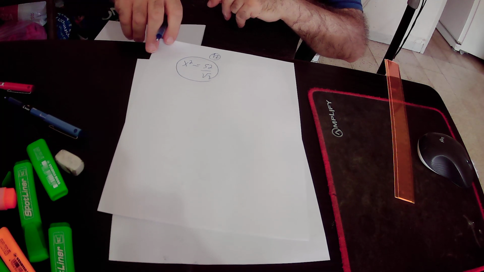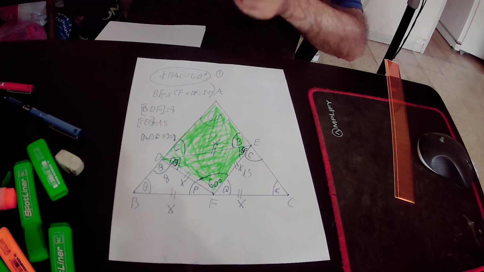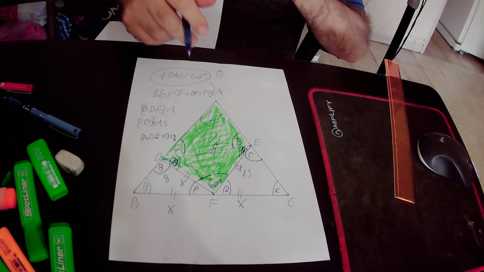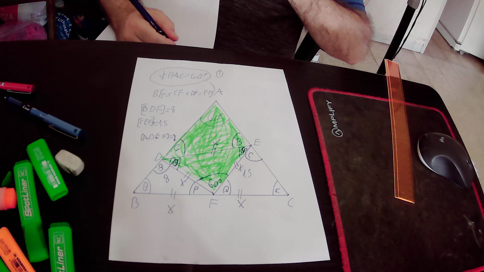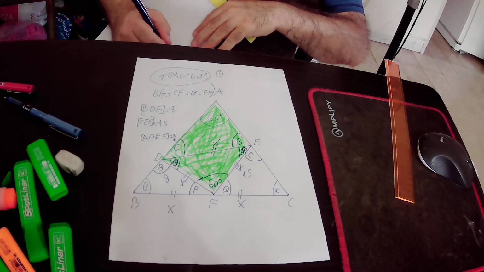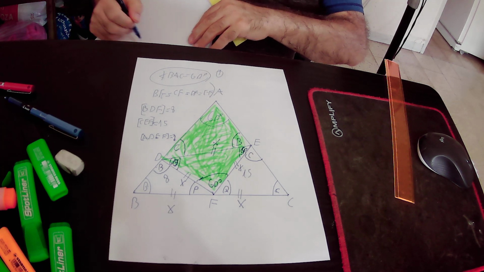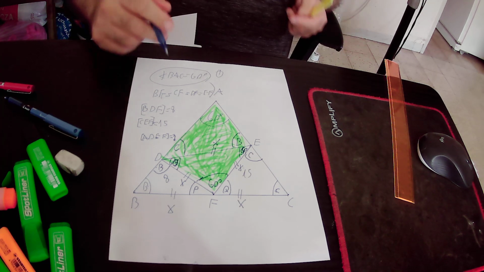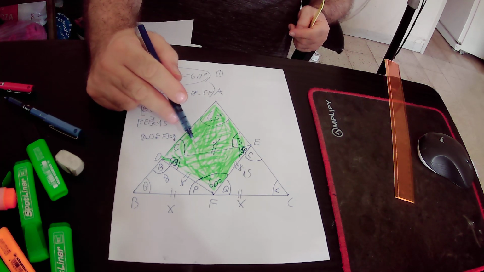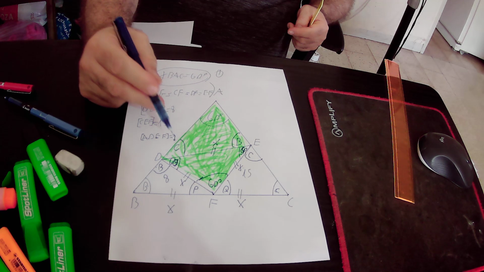Okay, but what is the area of the equilateral triangle DEF? The area of the equilateral triangle DEF, according to our special formula, equals x times x times sine 60, all divided by 2.